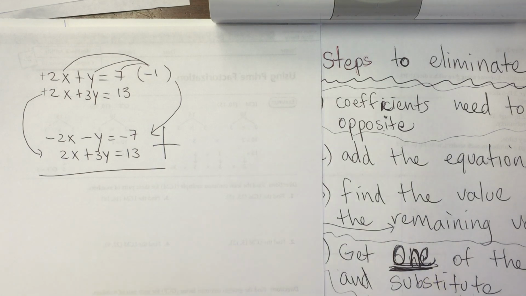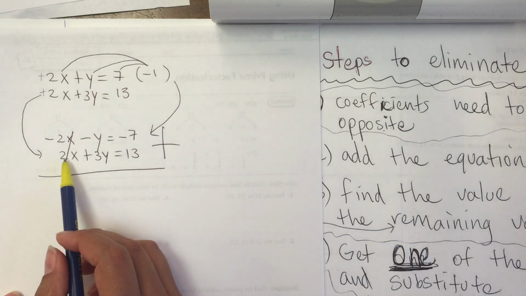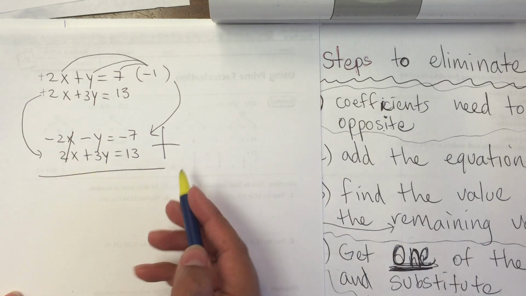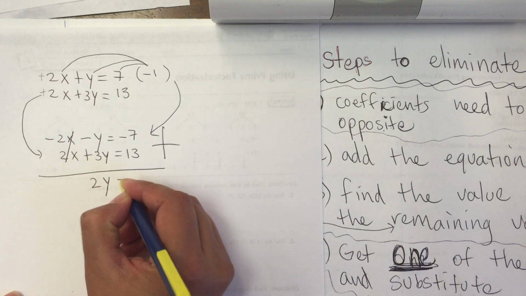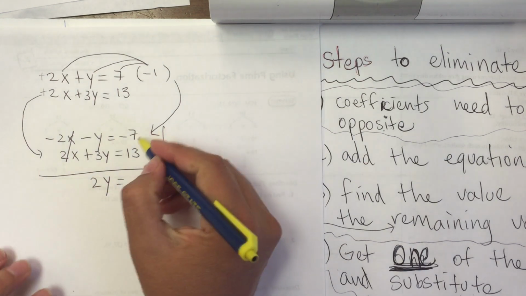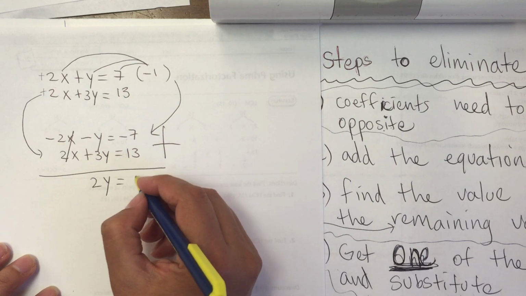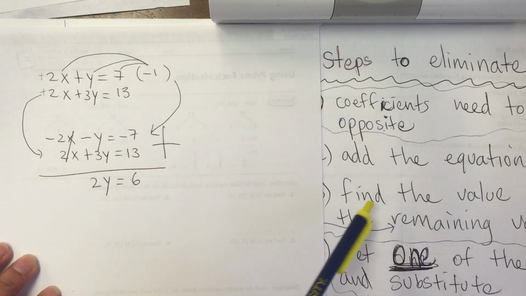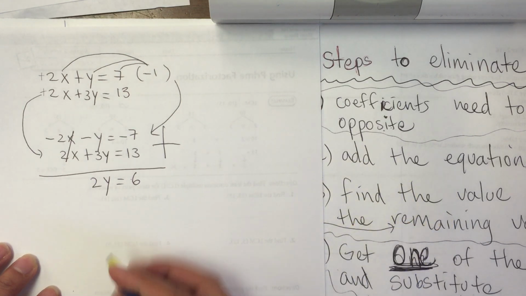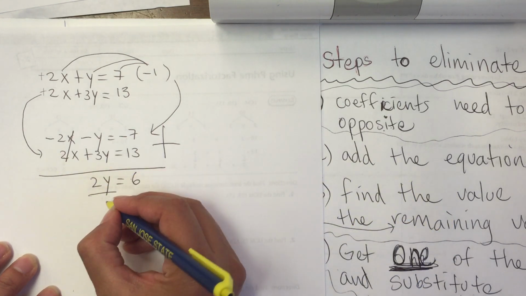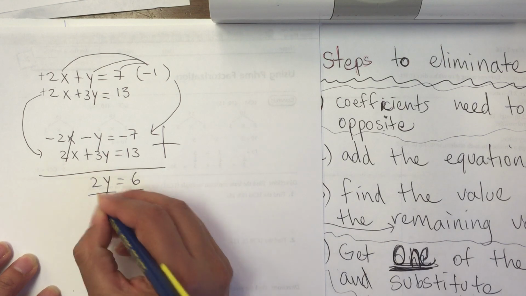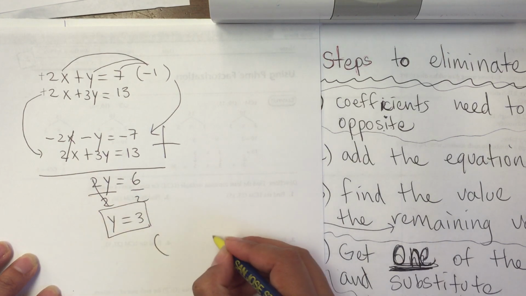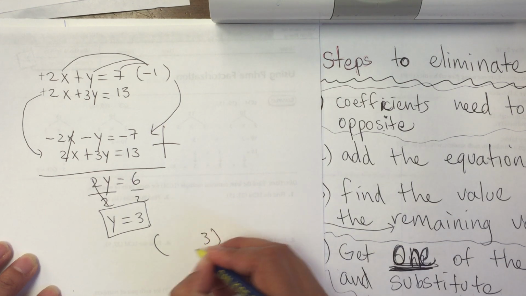So this cancels. I have -y, I have 3y, so I'm going to end up with 2y equals negative 7 plus 13 is positive 6. And then I'm going to find the value of this remaining variable by dividing by 2. And so y is equal to 3. So I have my value for y, which is 3.